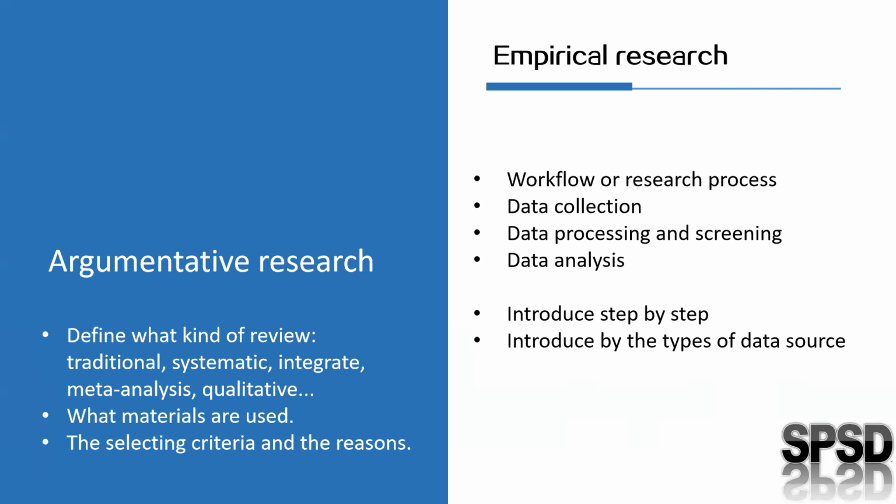And you should explain the reasons for the selection criteria when you are selecting documents and papers. So to summarize, a good methodology will give readers a full understanding of the whole process. So authors and readers will know what to expect in the next section, the results section.